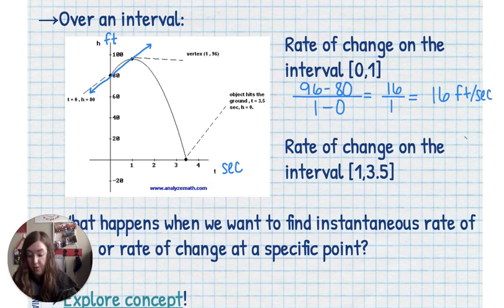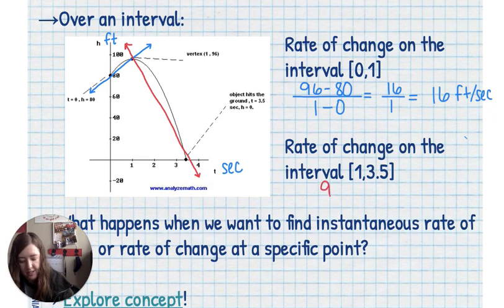Now we want to find the rate of change on the interval from 1 to 3.5. So basically that is, I want the slope of the line from 1 to 3.5. So to find the slope there, we're going to take our y values and subtract them. 96 minus 0 over, and then we'll subtract our x values. 1 minus 3.5.